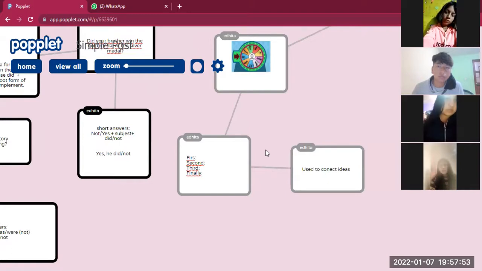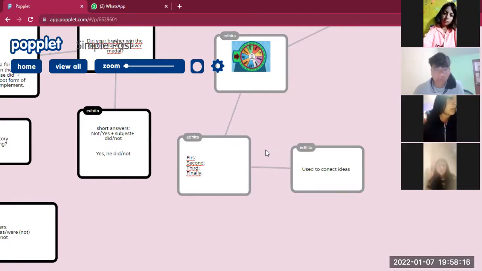For example, we have learned how to make negative and affirmative sentences. We have already learned.